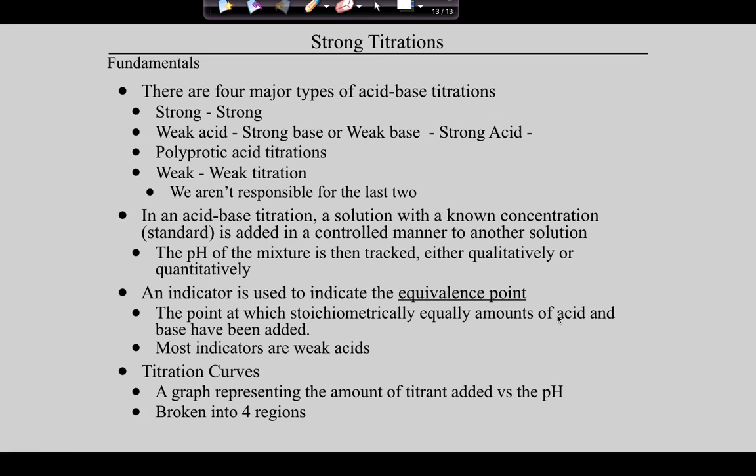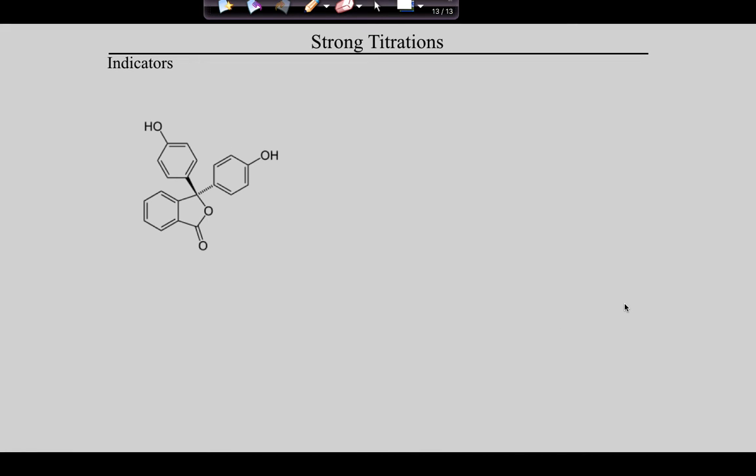So this is actually how phenolphthalein works. Don't write any of this down, but this is the idea. This is a phenolphthalein molecule. This is actually what it looks like. It's a big old organic acid. And this part right here is the acidic hydrogen in the phenolphthalein molecule.